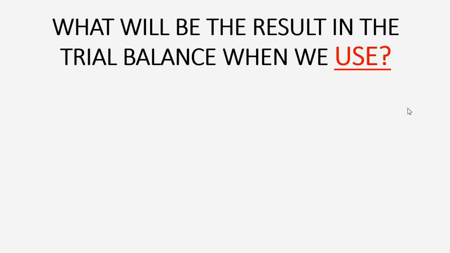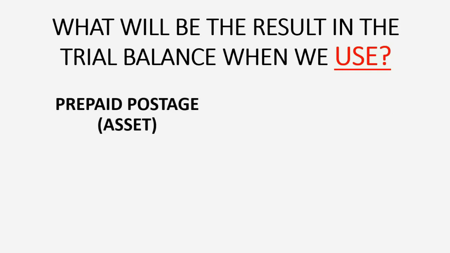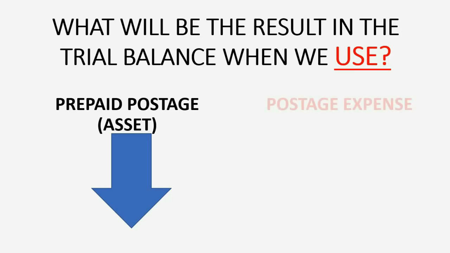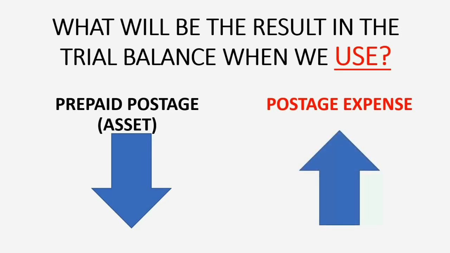So what will be the result in the trial balance when we now use $25 worth of the stamps? Well, the prepaid postage will go down by the amount that we used because that asset is no longer worth $200 because we just used $25 worth. And postage expense will show up for the first time in the amount that we used.